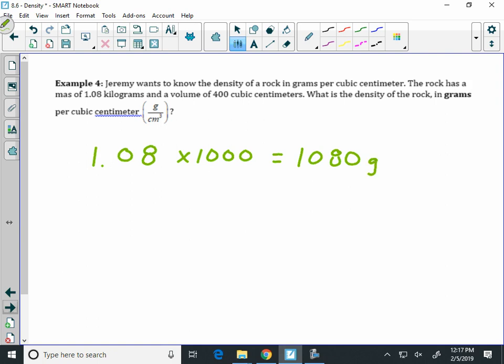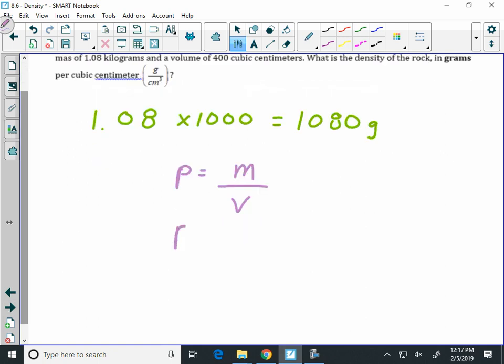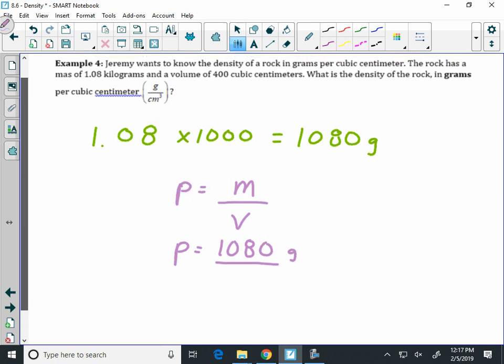Okay, so now we converted our mass. Now we can easily find the density, because the formula for density is mass over volume. We said our mass was what? Our new mass. I just found it. It's 1,080 grams over, what's our volume? 400.